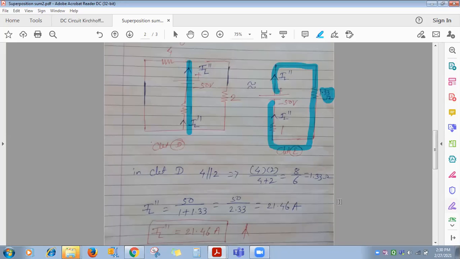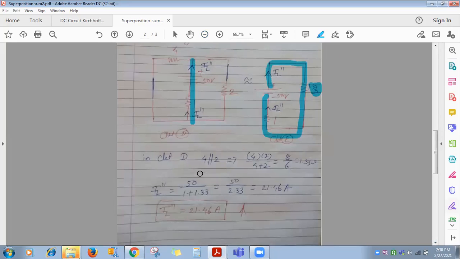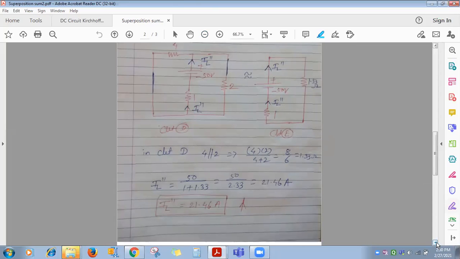So how can you find the value of IL double dash? Very easy, Ohm's law you have to use here. Total voltage divided by total resistance is the total current, and the IL double dash direction through 1 ohm is upward, 21.46. Everyone got up to this calculation? Yes, ma'am.